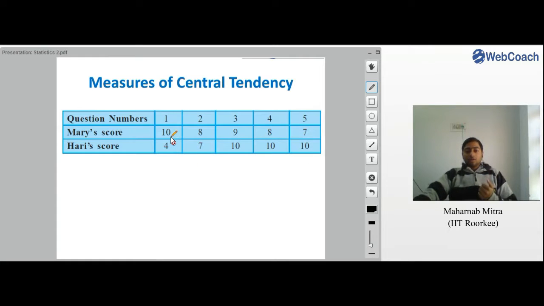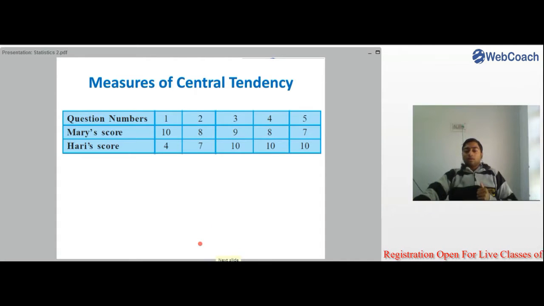So Mary's score varies as 10, 8, 9, 8, 7, and Harry's score varies in the given way. Now if we want to find the average marks, or the mean, for every child, the average score for Mary separately and the average score for Harry separately.